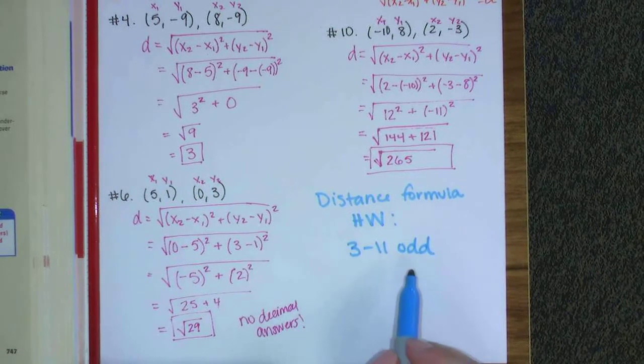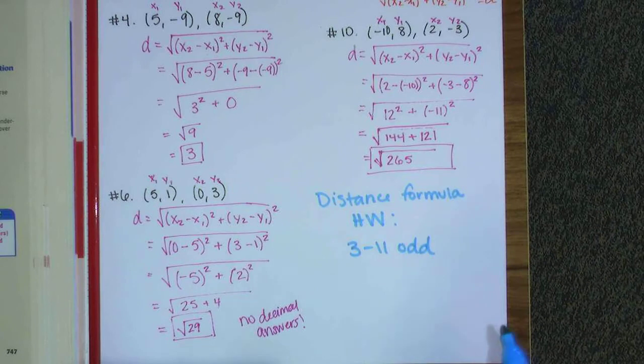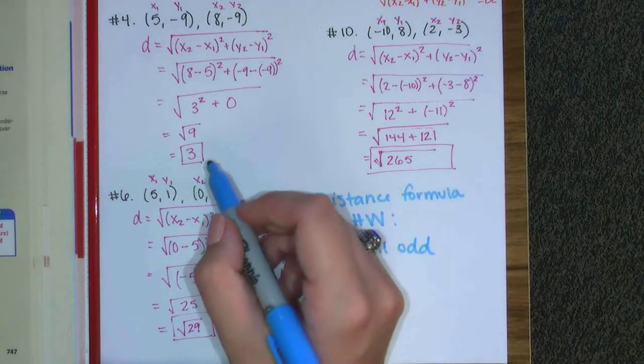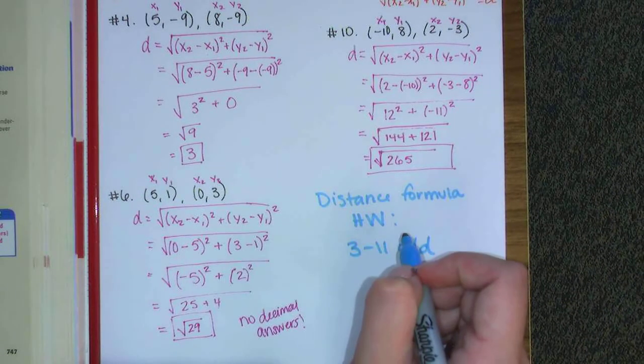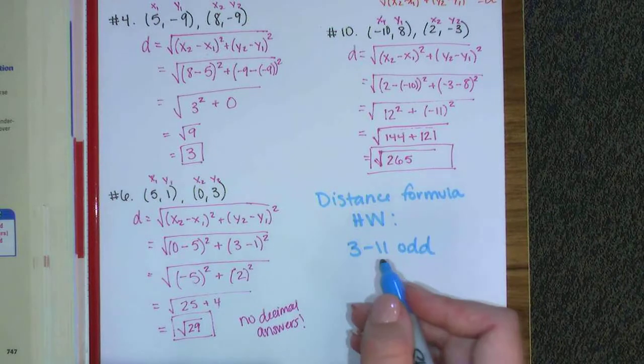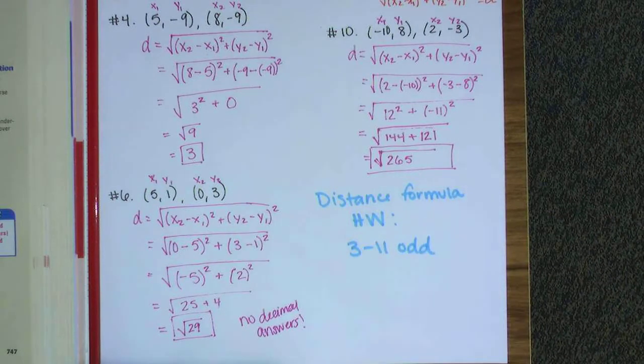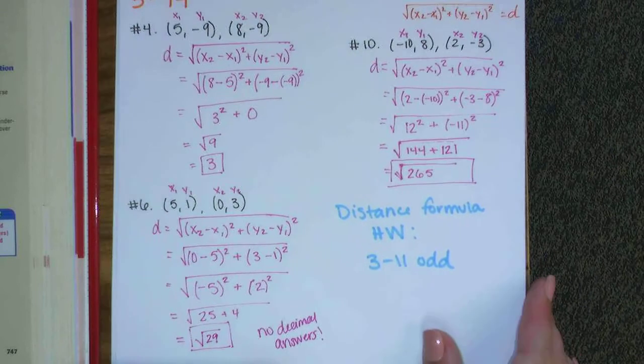And I am going to add some more for the later stuff, so don't just stop watching the video here. But if you would like to just stop and focus on this stuff, that's the homework for the distance formula, and then you can pick it back up when you're done with the midpoint formula. If you want to do it in 2 days, that's fine as well, because we probably would have just done this in 1 day in the classroom and then the midpoint in a separate day. So, up to you. But I am going to go ahead and keep talking and do the midpoint formula now.